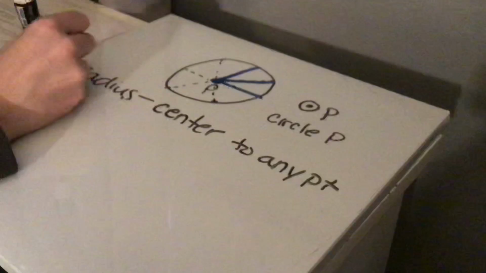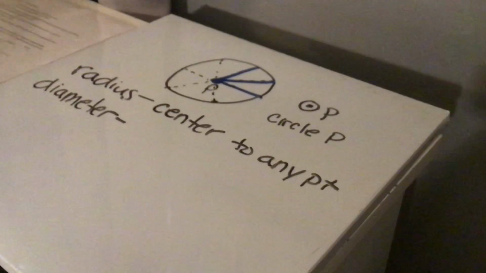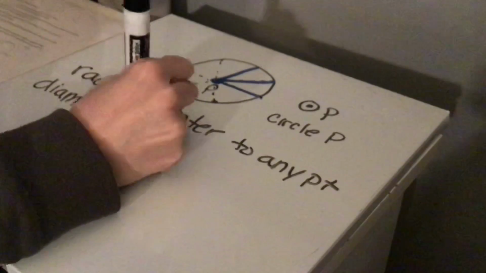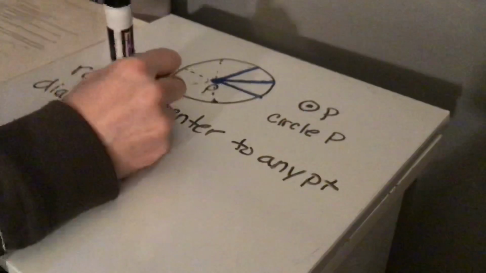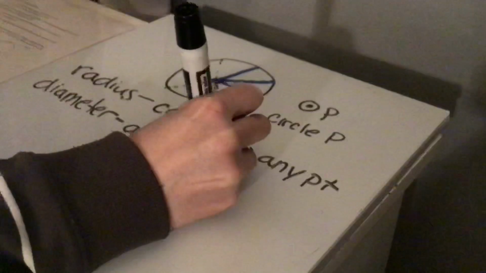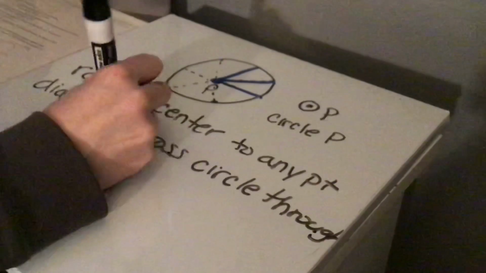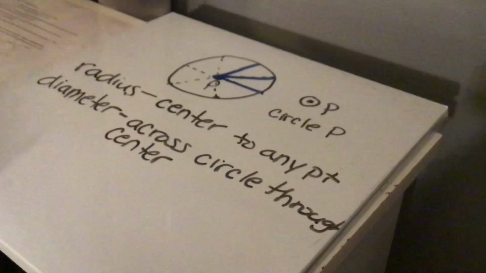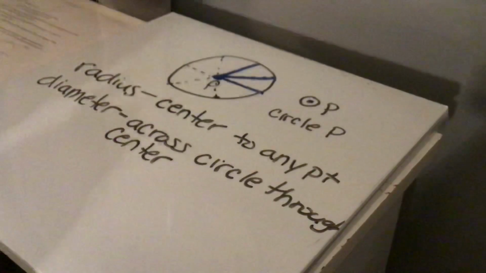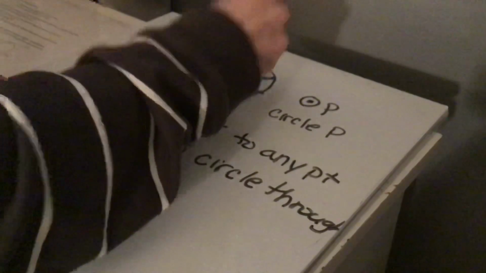Then you can have a diameter. A diameter is the distance across the circle through the center. Okay, so when we look at our circle up there, right, diameter would be from here to here because it's passing through the center.